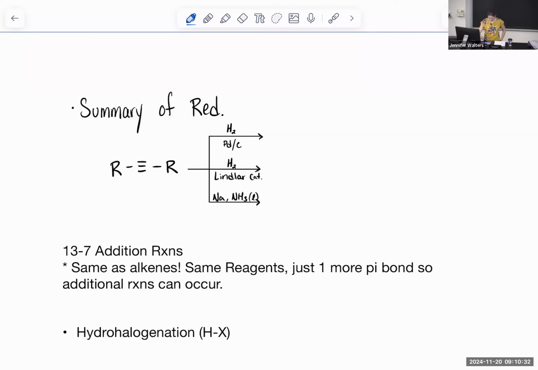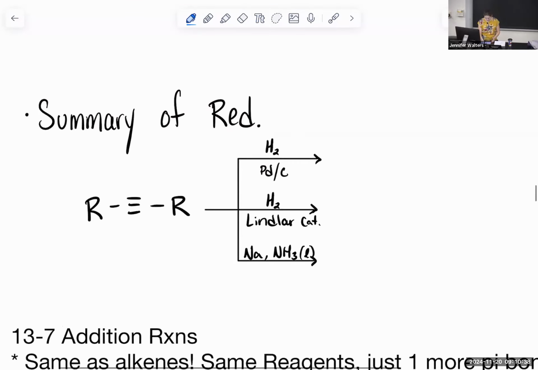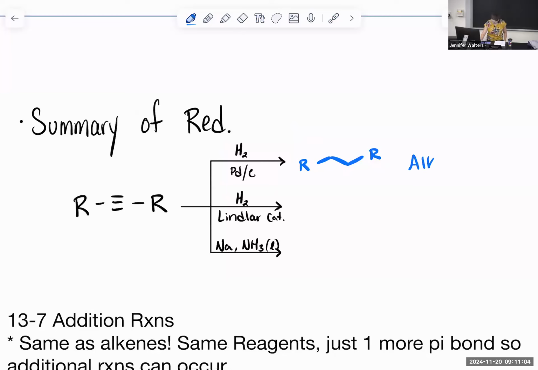All right, cool. Then let's summarize what we talked about last lecture with our reductions of our alkynes. If I had hydrogen and palladium on carbon, what was the product? It went from an alkyne to an alkane. What if I had hydrogen and Lindlar's catalyst, having that quinoline with the palladium?